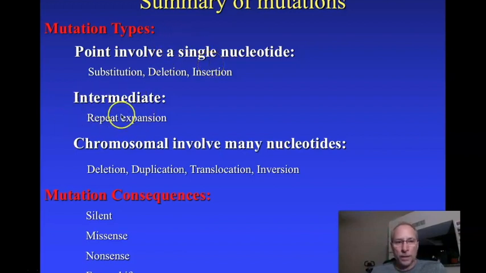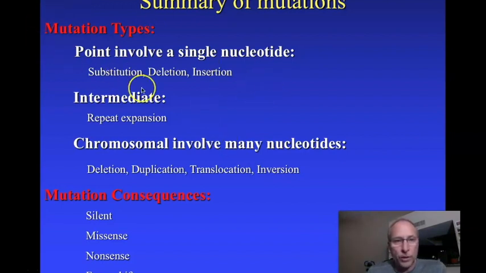This intermediate level includes repeat expansions, where a single codon is repeated over and over again. And then finally we have the chromosomal changes that include deletions, duplications, which also includes a chromosomal insertion, translocations, where one part of the chromosome switches with another part of the chromosome, and then the inversion, where a section of the chromosome is essentially removed, flipped, and put back in.